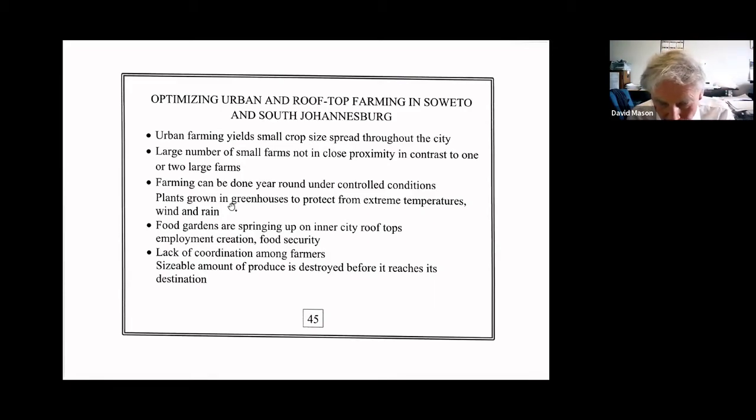It's best if we can organize it so the various produce are grown at different times. So there's the two problems here. There's the routing problem and the problem of growing times for the crops.